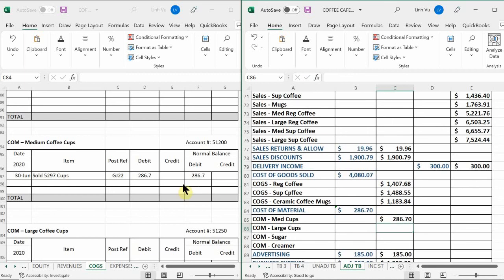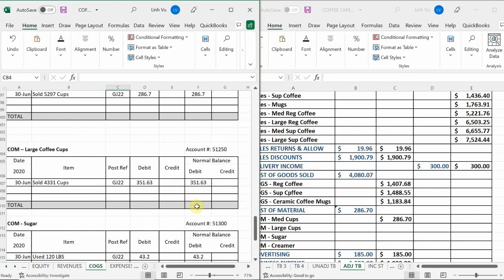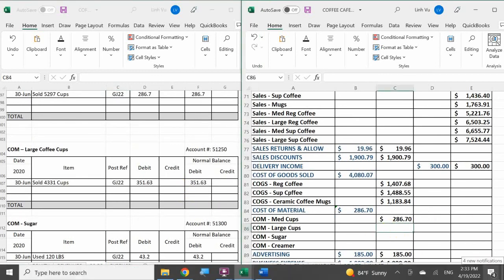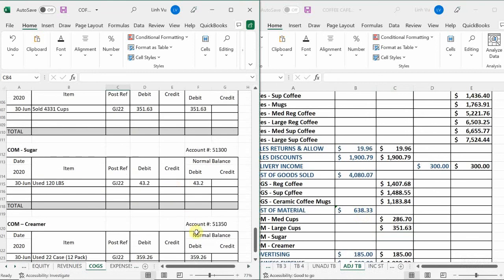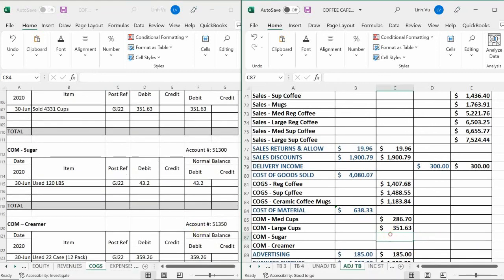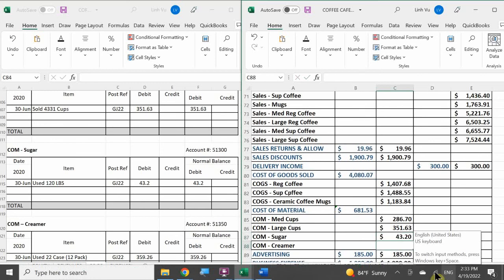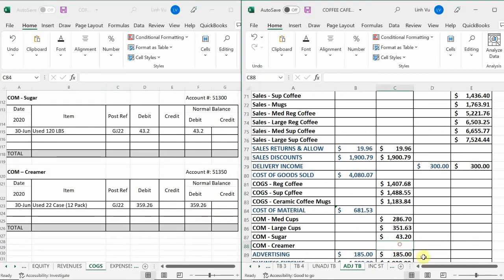Okay. My large cups was $351.63. Sugar was 43.20. And then my creamer was 359.26.